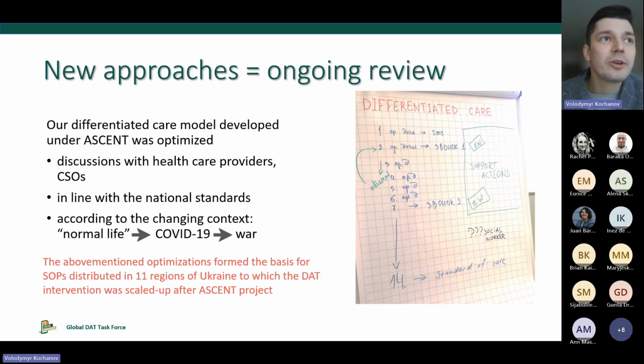As digital adherence technology is a new approach for the world, not only for Ukraine, it needs ongoing review.